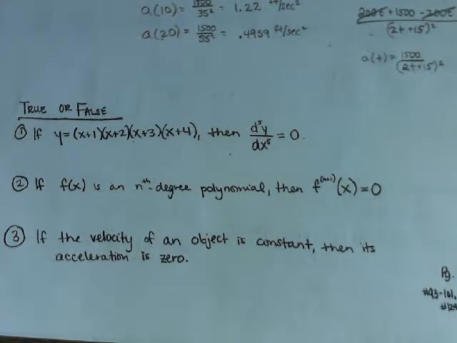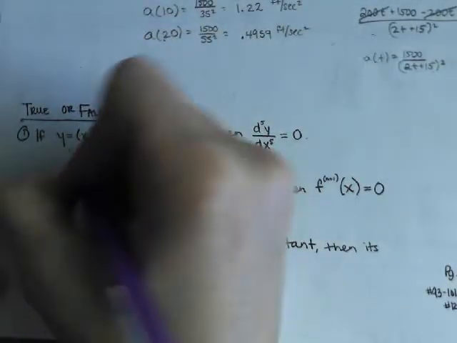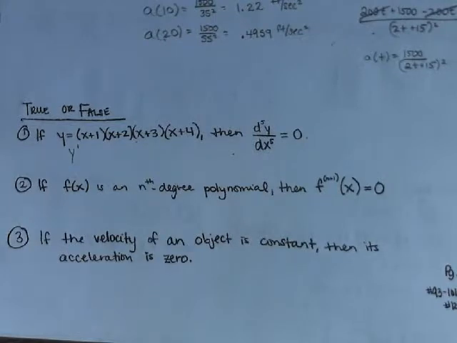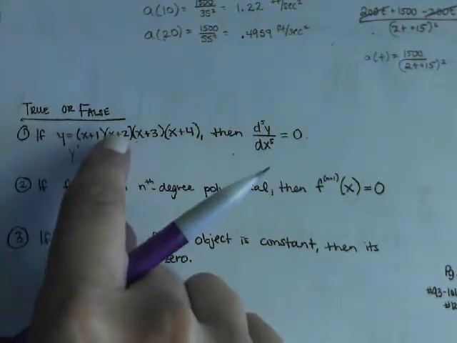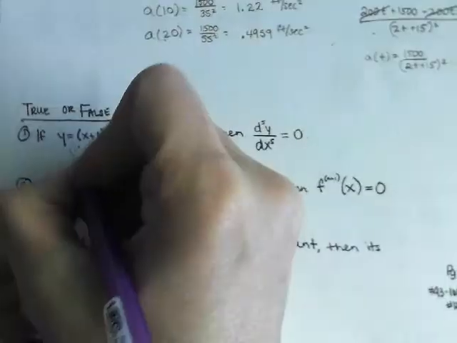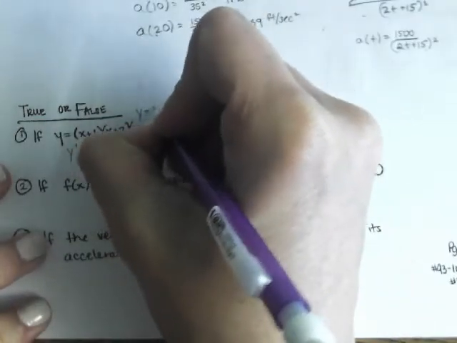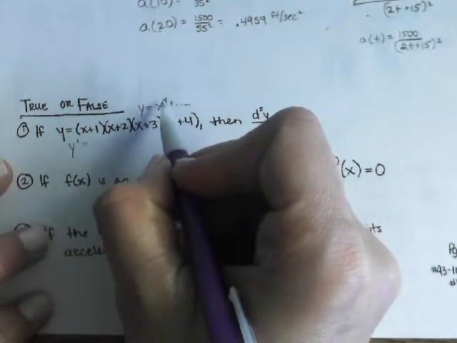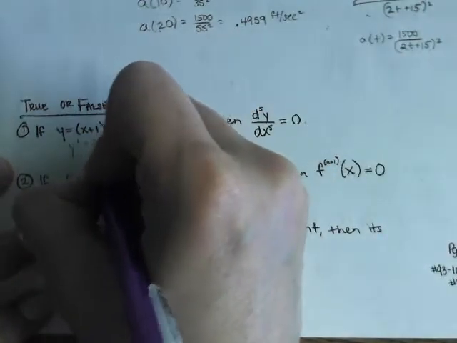Sunny kind of commented on it, which reminded me of this problem, but I'll talk about it when we get there. Your initial polynomial has a leading term of x to the 4th, which means if this is y equals x to the 4th plus a whole bunch more, the leading term of your first derivative is going to be 4x cubed plus a bunch more. And then the leading term of your second derivative would be 12x squared plus a bunch more.